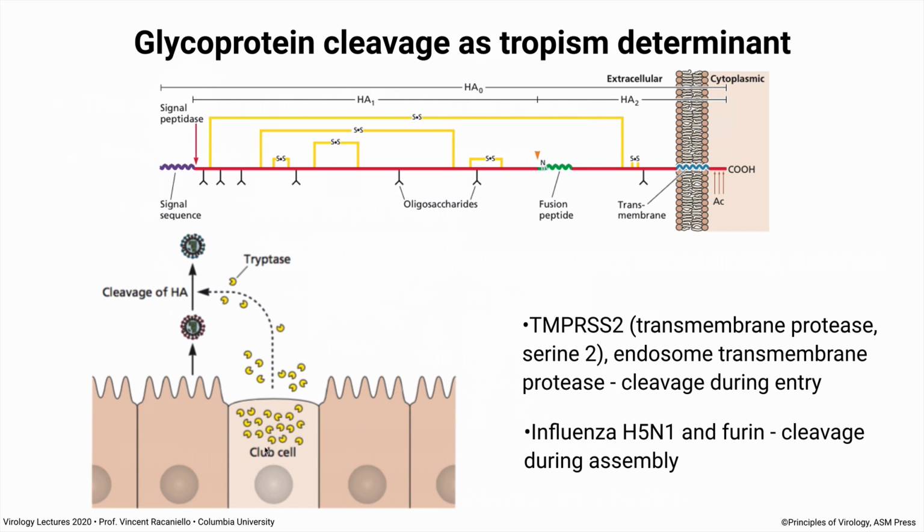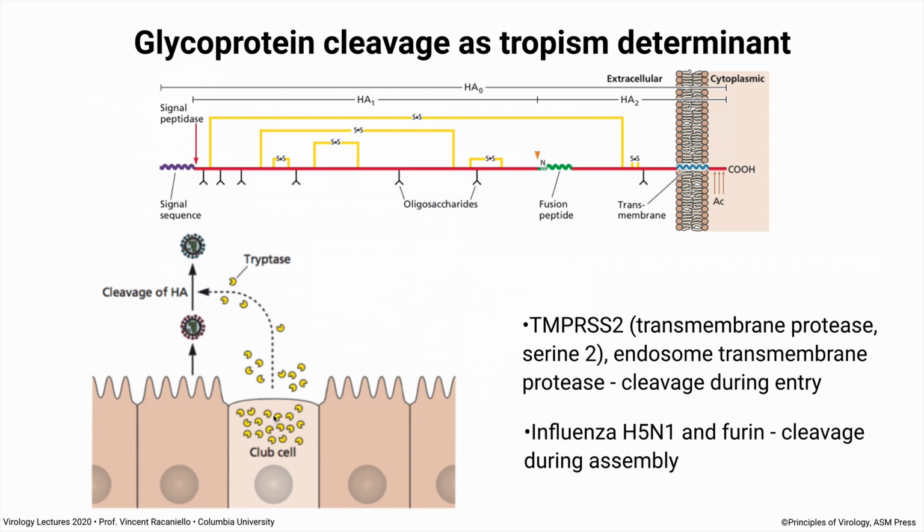This club cell makes this protease, tryptase, which we think cleaves the HA of influenza viruses as they are released from the cells. And those viruses with cleaved hemagglutinins can then go on and infect other cells.